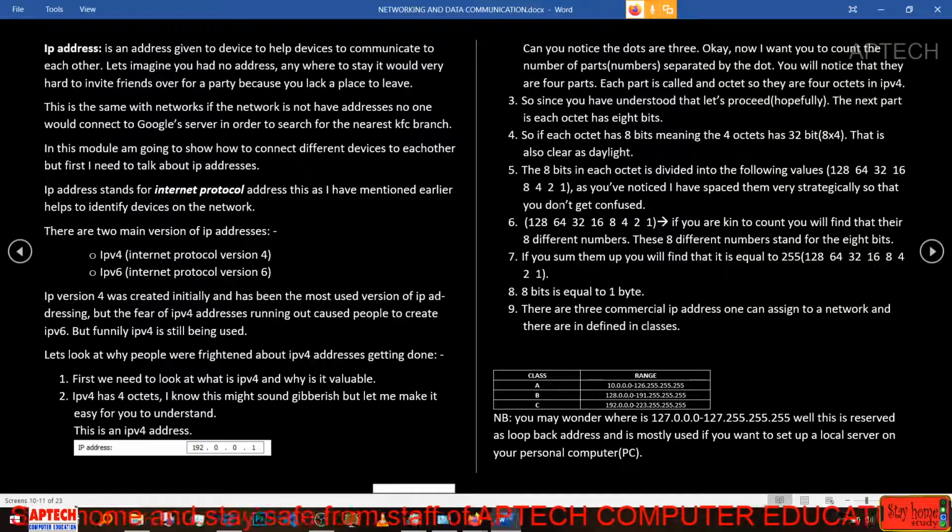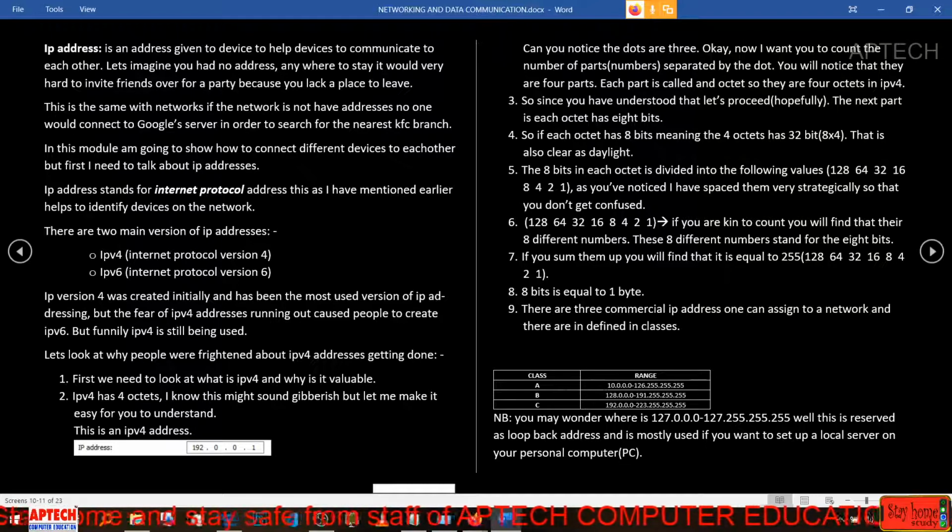Now, with IPv4, there are 3 basic classes which are used commercially. The others are there, but they are mostly for government and military, because initially the internet was designed mostly for military use. But they later incorporated it for human beings like us.